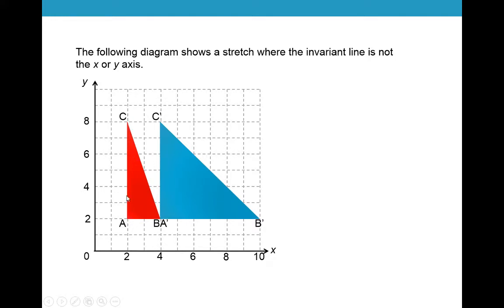The height's retained, so which direction is it moving parallel to? The stretch is moving parallel to the x-axis, so it must be vertical lines of x equals some number which is remaining invariant. Do you agree? Yeah. So if I was here somehow and that was 1, then that is now 3, for instance.